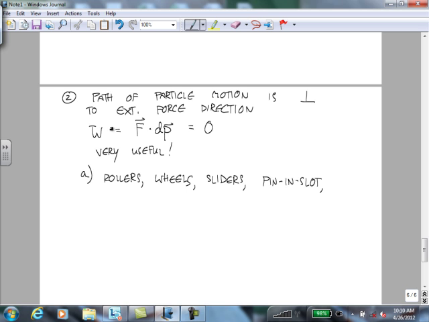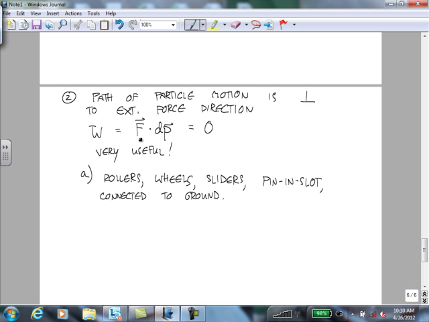In all those cases, the reaction force is perpendicular to the allowable motion, okay? And so the reaction force for all of these kinds of joints, if these are connected to the ground, okay? In all these cases, there's zero work done by that reaction force, okay?